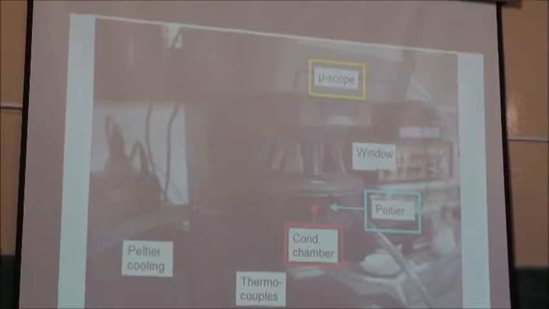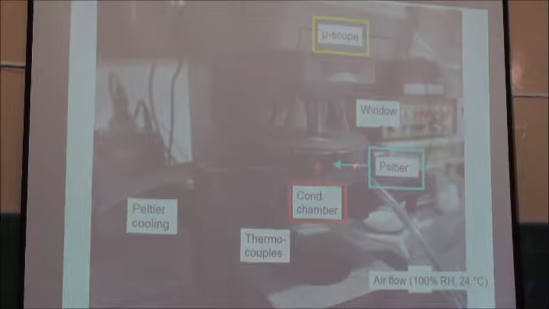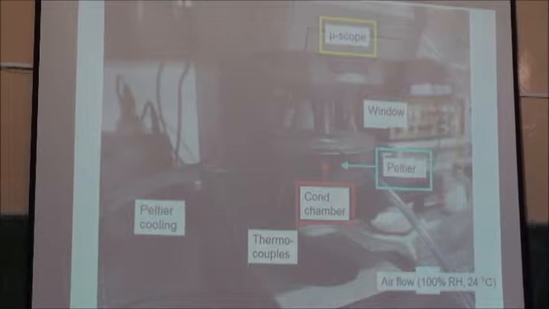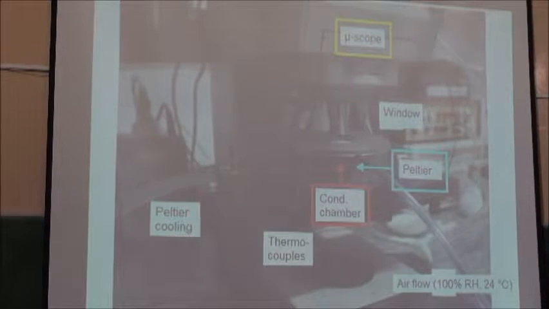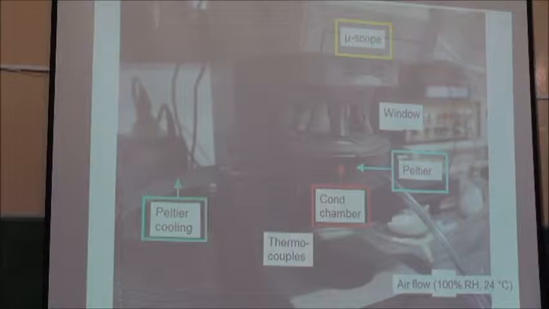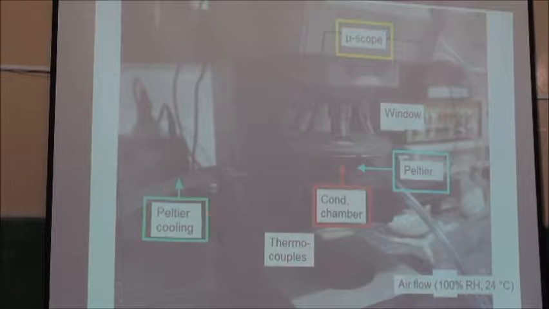This copper block is cooled by a Peltier element. And the hot side of the Peltier element is connected to a water bath, so constant temperature. That will change the temperature to around, we will see, around 3 Celsius.